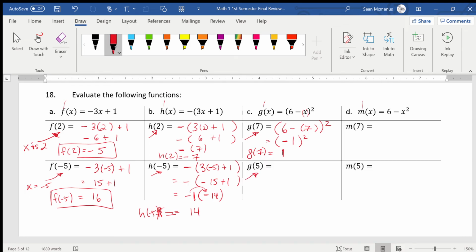And G of 5, so now I'm going to plug in a 5. 6 minus x squared. Now the x is 5. So 6 minus 5 is 1 squared, which 1 times 1 is 1. So G of 5 is 1.